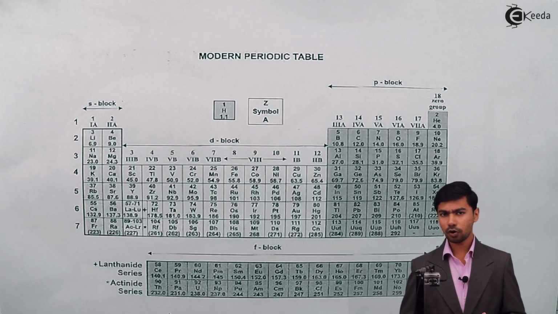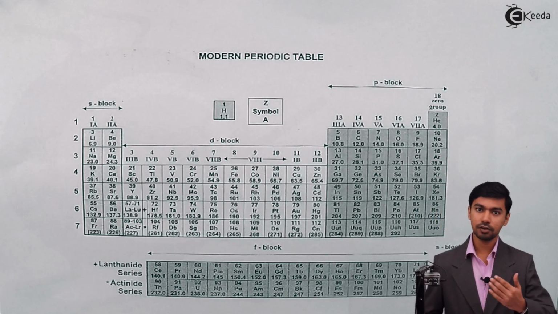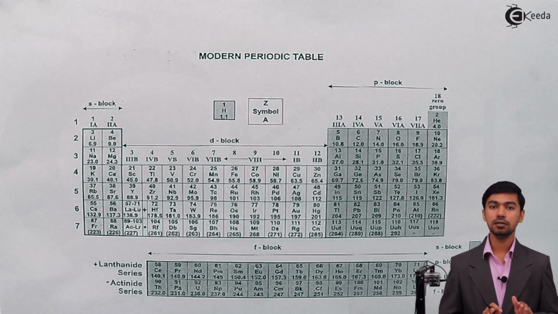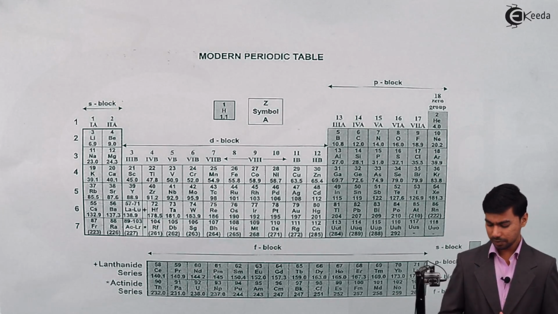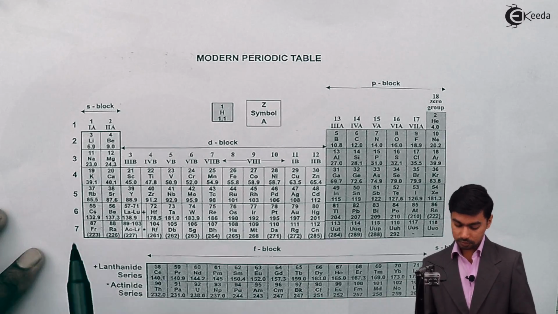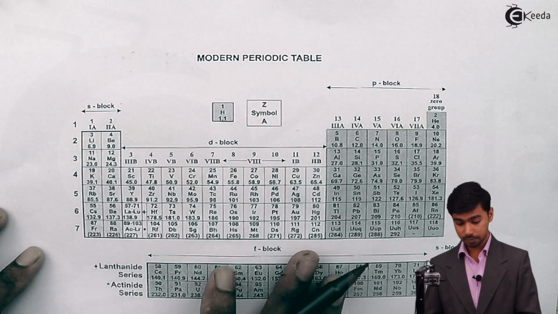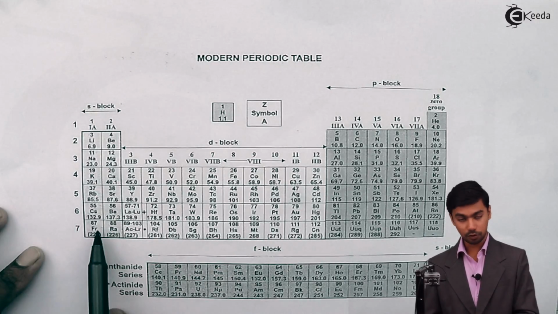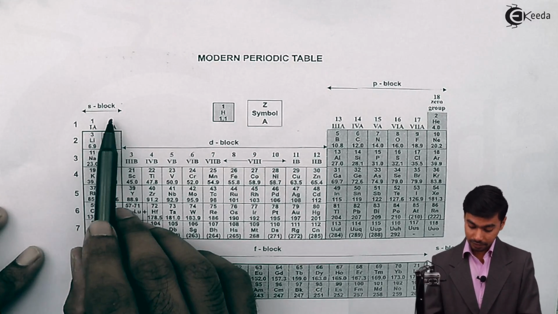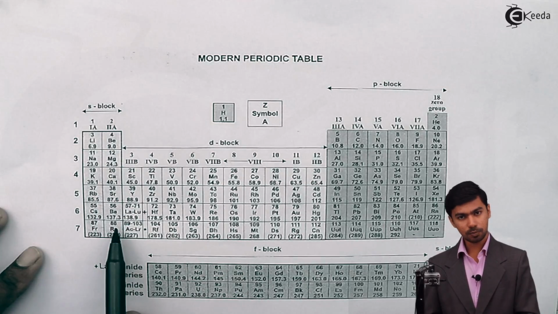What is the meaning of periodic then? Periodic is nothing but a part which can repeat after a certain interval of time. If we consider this group, the first column in this table, it has similar properties. The second group again has similar properties.